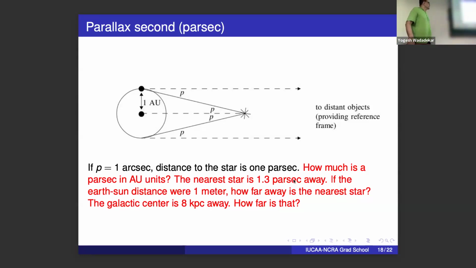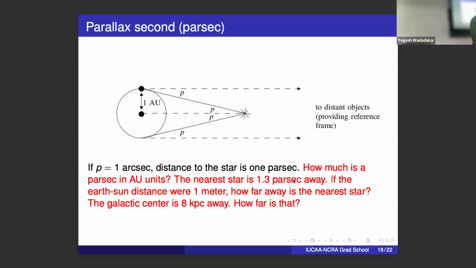So we can now answer: the nearest star is 1.3 parsec away. If the Earth-Sun distance were 1 meter, how far is the nearest star? 2.6 lakh meters. Correct. So how many kilometers is that? 260 kilometers.